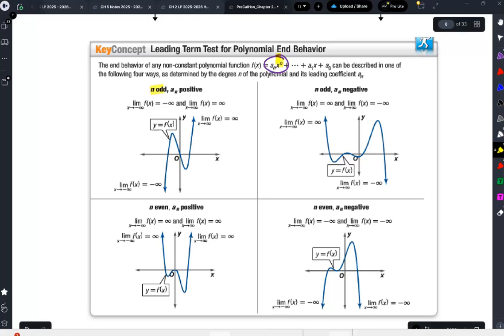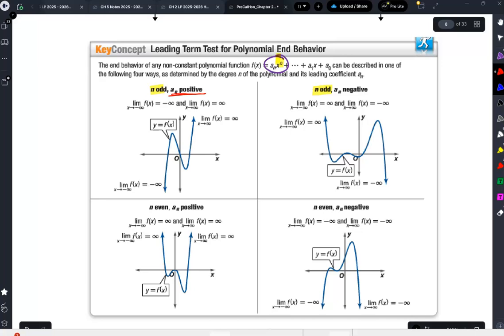Suppose n is odd, then we know that the end behaviors are going to be opposite. One side is going to have an end behavior of positive infinity. The other side is going to have an end behavior of negative infinity. That is determined by a, which is the leading coefficient, okay?